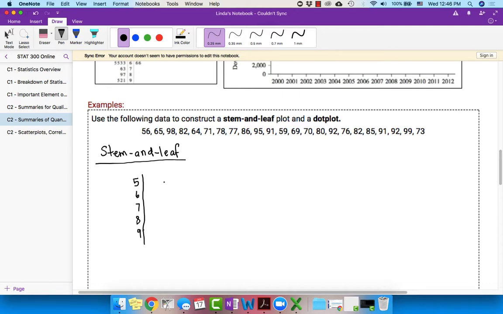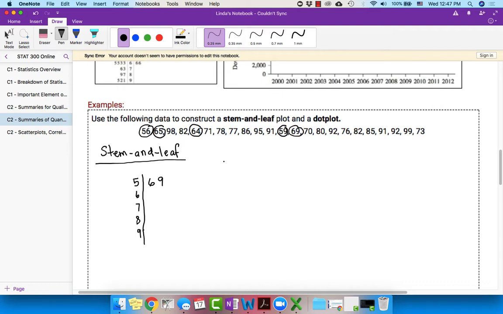Next, we begin tracking and writing the second digit in its order. So begin with the 50s, we see that we have 56 and 59. Since 6 is smaller than 9, we write 6 first. Then write 9. Next is the 60s. We have 64, 65, and 69.